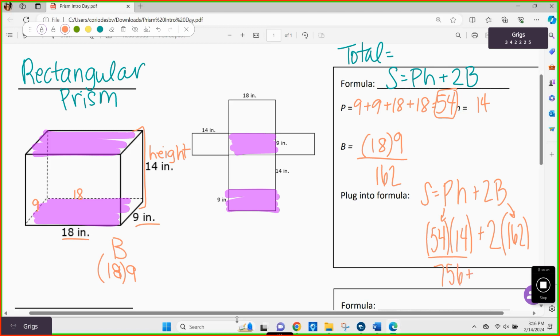Okay. And then 162 times 2? 324. Do we agree? Yes. And then the sum of 756 plus 324? 1080. Alright, so let's look at this.